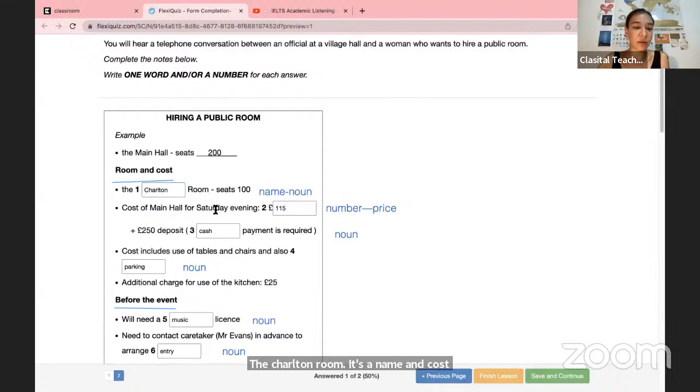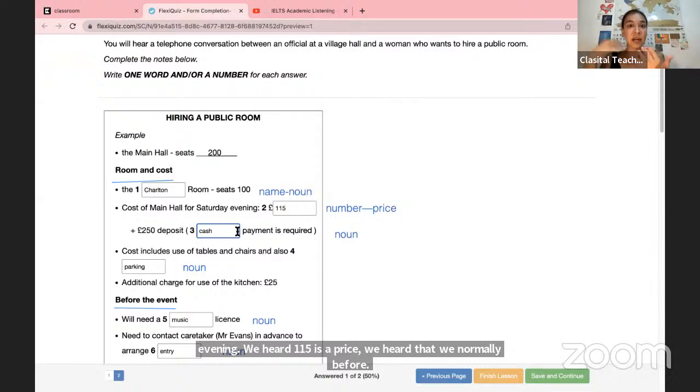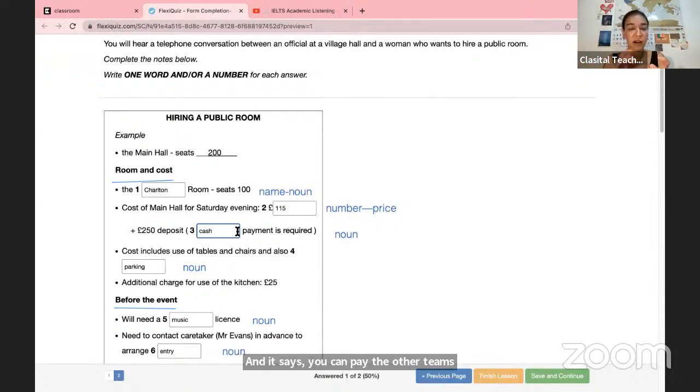And the cost of the main hall for the Saturday evening, we heard 115. It is a price. We heard that before. And it says you can pay the other things with cash, credit card, or cheque, but we insist that you pay the deposit in cash, he said. So it's a trap too. And we heard that the woman was talking about what is included in the price.